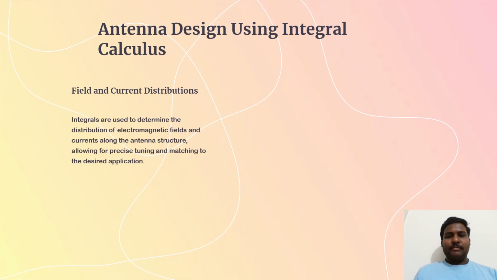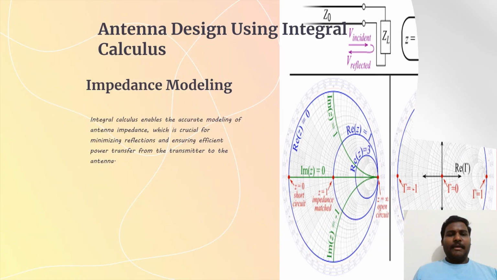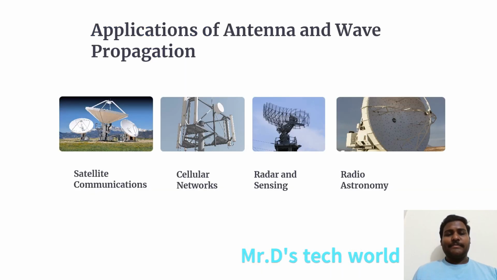Moving further, we are going to deal with impedance modeling. Integral calculus enables the accurate modeling of antenna impedance, which is critical for minimizing reflections and ensuring effective power transfer from the transmitter to the antenna.